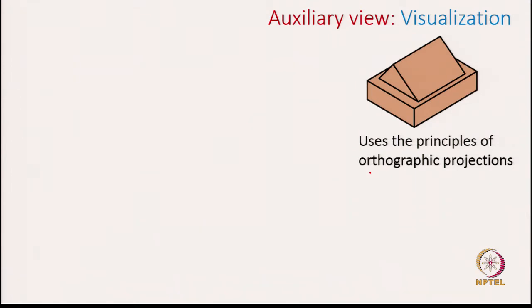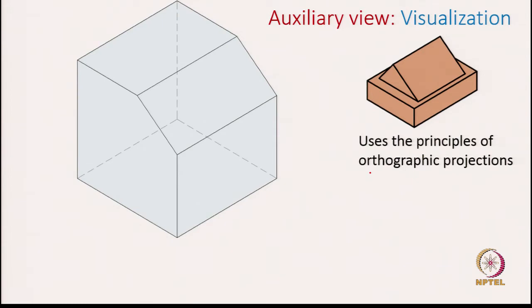Here is an object we see, and now when I take the glass cube, it is slightly different. As you can notice, you have this inclined surface. This inclined surface is parallel to the surface of our interest. So, in this object, let us say this is the surface which we are interested in with the auxiliary view, because as you can notice, it is an inclined surface.